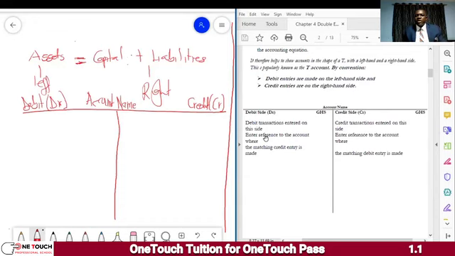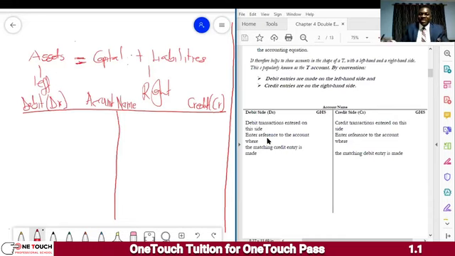And you again enter reference to the account where the matching credit entry is made. Because we have mentioned that every transaction must have two effects, a debit and a credit. The debit will take place in one account and the credit will take place in another account.